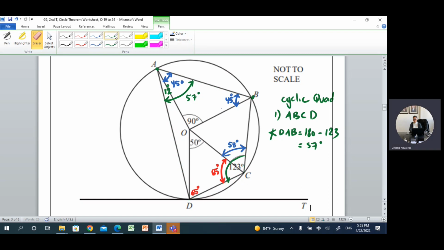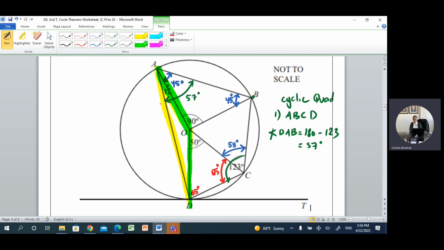All right. And now, if you look at this triangle from A to D, from D to O, and from O to A, as you can see, from O to A, this is a radius, and from O to D, this is a radius, which makes this triangle an isosceles.